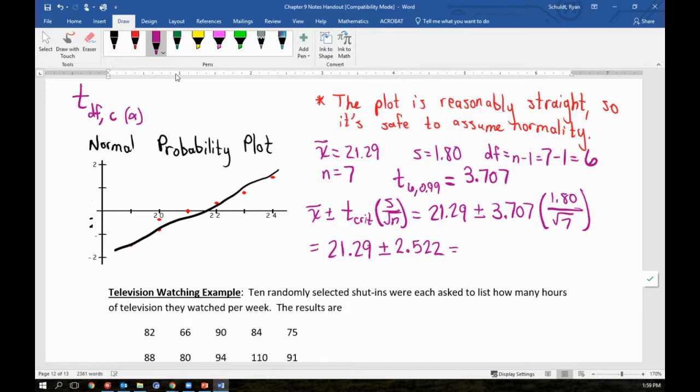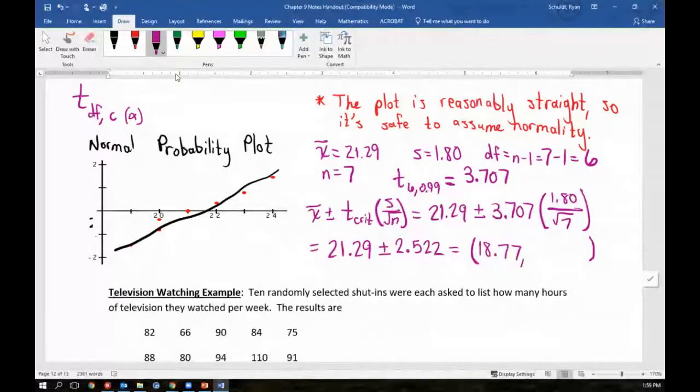Okay. Now, notice they give me the mean to 2 decimal places, x bar. Let's do our interval to 2 decimal places. So, what would my lower bound be to 2 decimal places? 18.77.